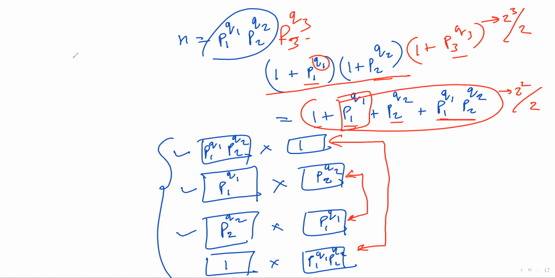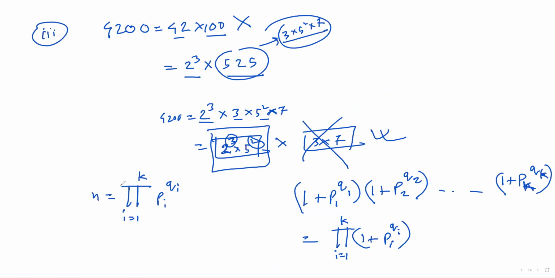Now how many products are here? Exactly equal to the number of prime factors. In the general situation, we had k prime factors. So the number of such representations should be 2 to the power k divided by 2, because there were repetitions. Dividing by 2, we get 2 to the power k minus 1.